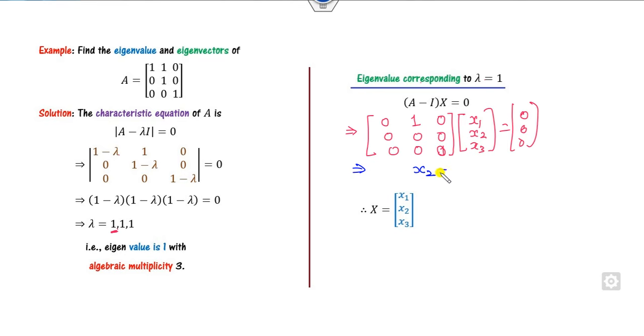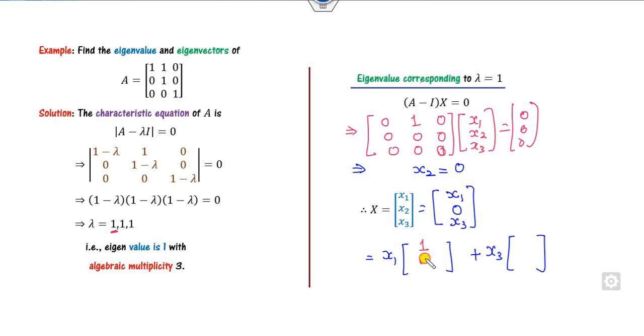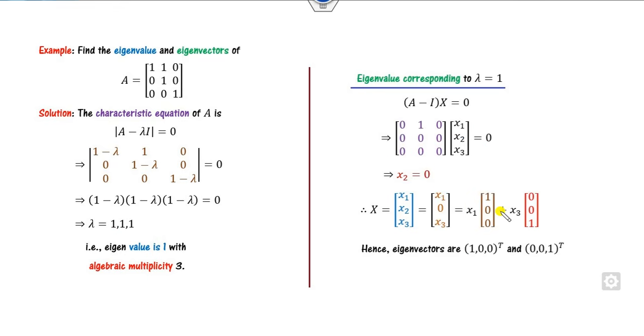If you solve it, x2 will be 0. x1 we don't know, x3 we don't know. So there are two unknown variables, x1 and x3. The coefficient of x1 is 1, 0, 0 and of x3 is 0, 0, 1. So these are my two eigenvectors.